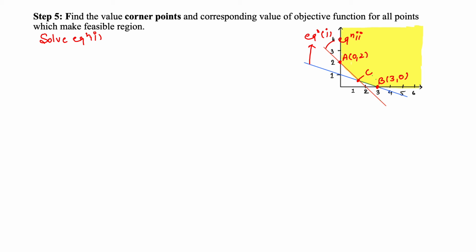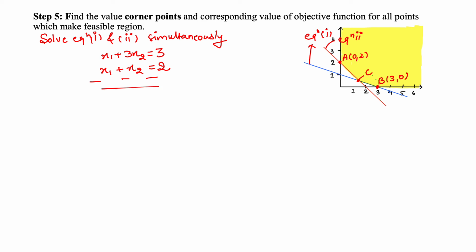So we will solve equations 1 and 2 simultaneously. What was my first equation? The first equation was x1 plus 3x2 equals 3, and the next equation was x1 plus x2 equals 2. Now subtract equation 2 from 1, and x1 will get cancelled. I will get 2x2 equals 1.